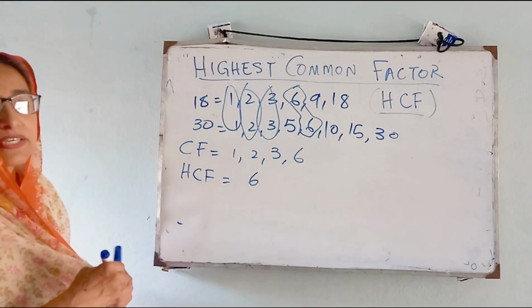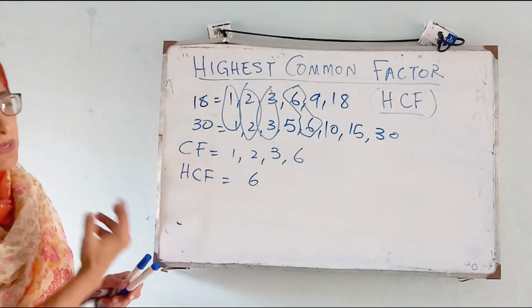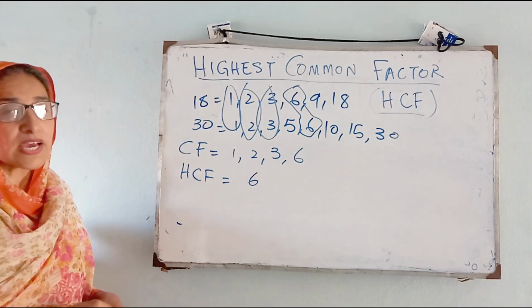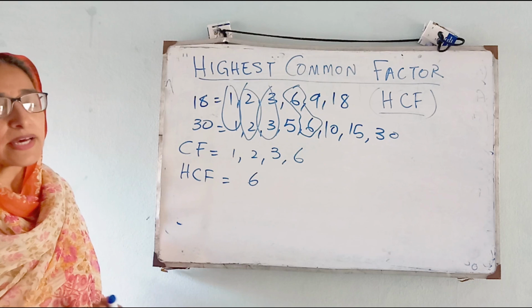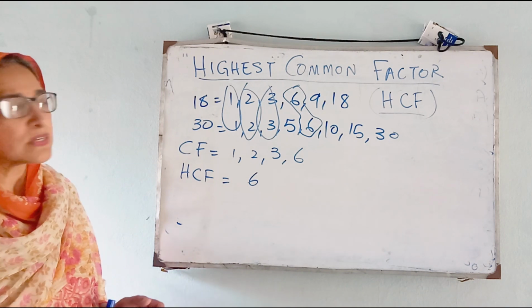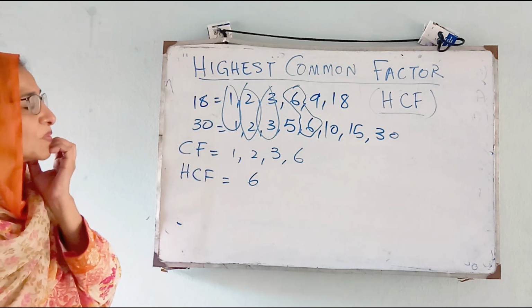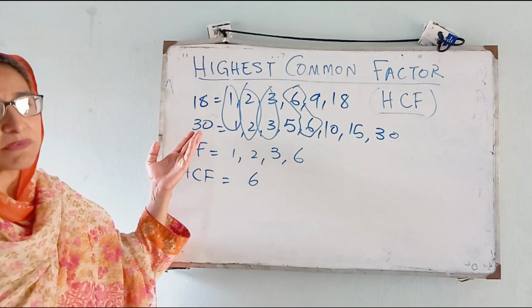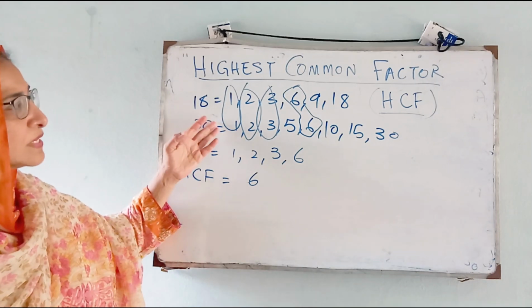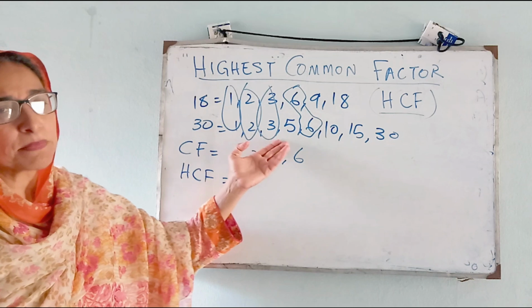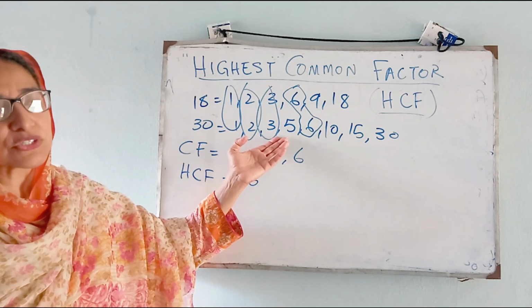Now, as you can see, this is a very troublesome method where we have to do a number of steps, and sometimes it happens that we might forget some number, so that makes our question wrong.